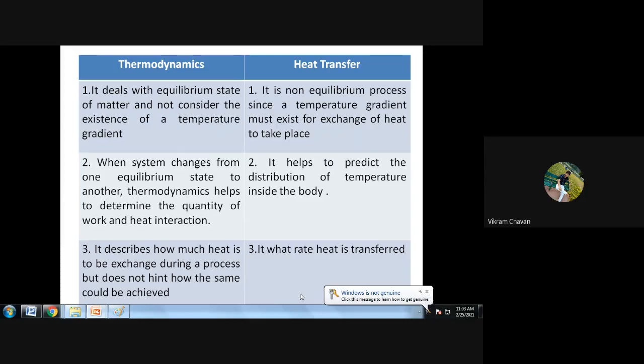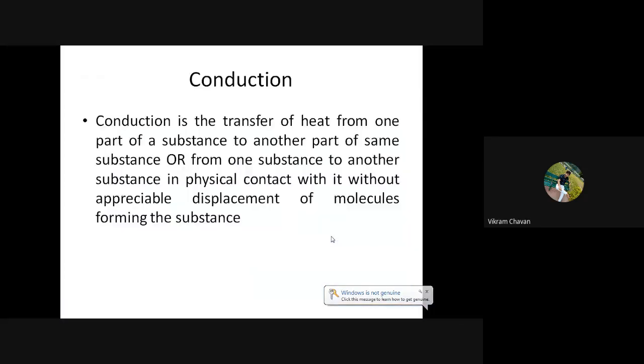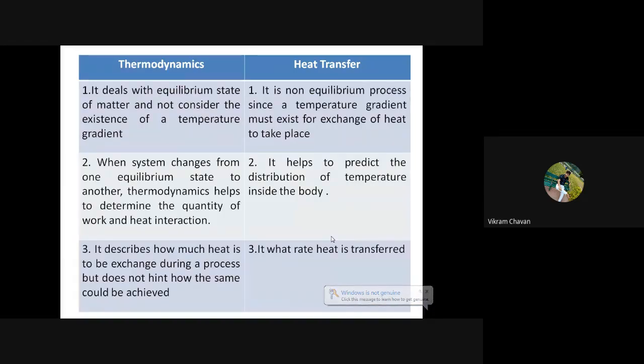When the state is changed, how much heat is interacted, we come to know by using the thermodynamics laws. But it will not provide how much time is required to change that particular state. In simple language, how much time is required, that is not provided by thermodynamics.